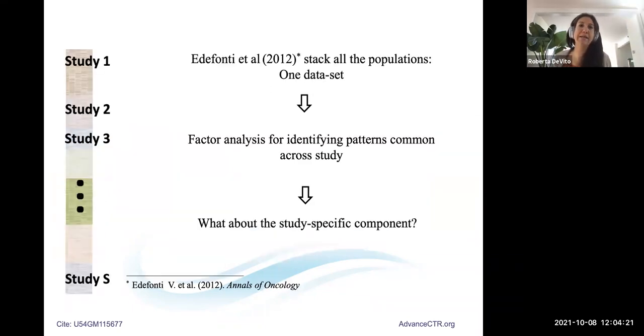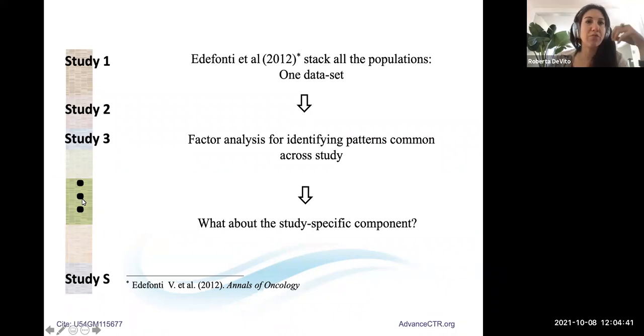One immediate way to do that is to stack all the studies in one big data set. Remember, we can do this since we have exactly the same variables. And then perform some standard techniques such as factor analysis or principal component analysis.